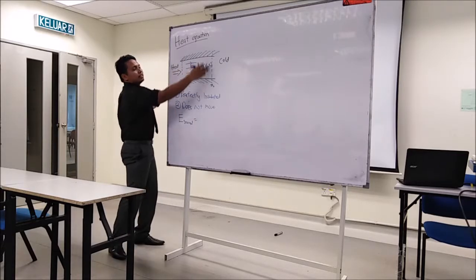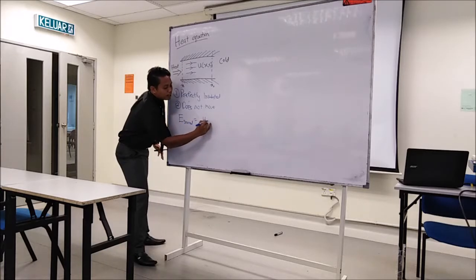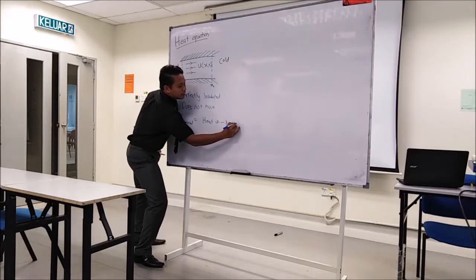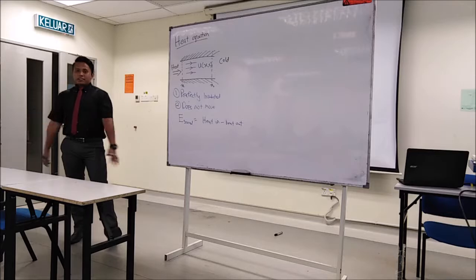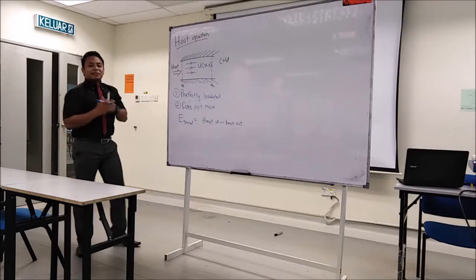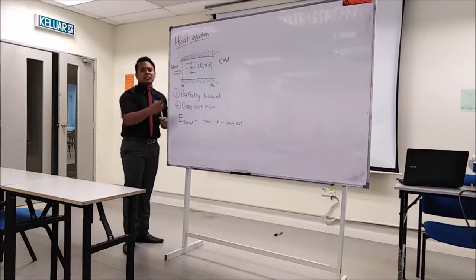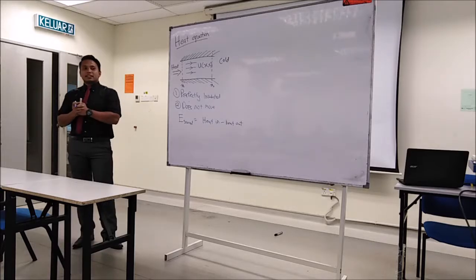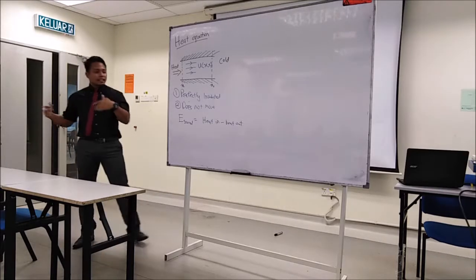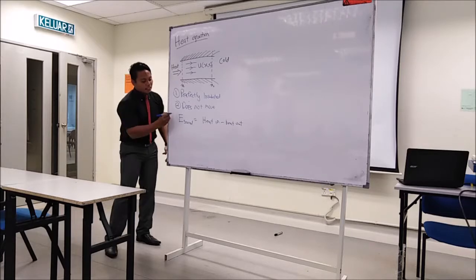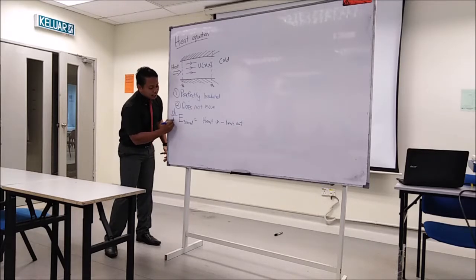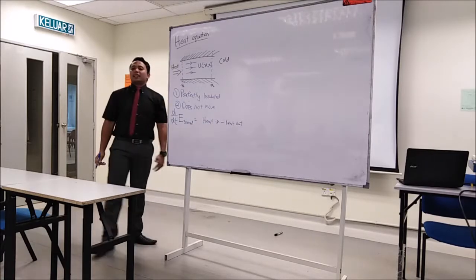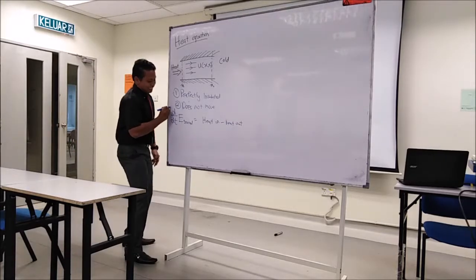So the total energy stored here depends on how much heat is in, minus how much heat is out. Everything okay? Now, the energy stored here, is it going to be constant? It is not constant, because with time there will be a change of energy. So we call that the rate of change of energy stored, which is heat in minus heat out. Easy, right? PDE is easy.